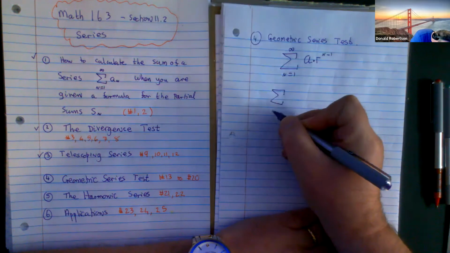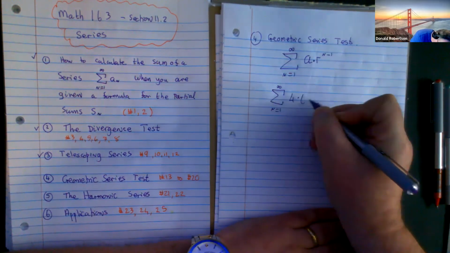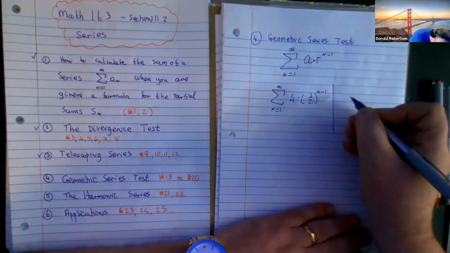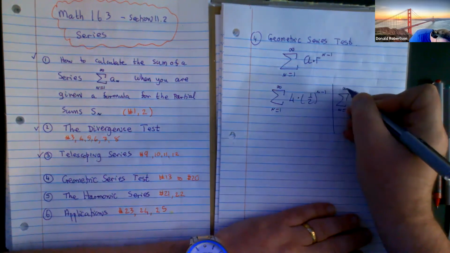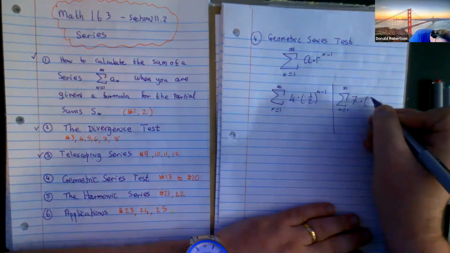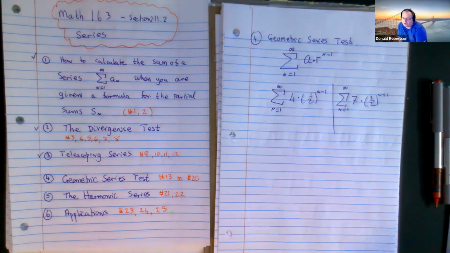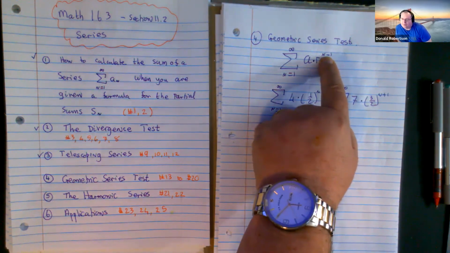It doesn't make them any different. They might be 4 times a half to the power of n minus 1. Well, that would be a nice straightforward one. But you could also get things like the sum from n equals 1 to infinity of 7 times 3 over 2 to the n plus 1, right? They could look like that as well. So that is just one version of them.